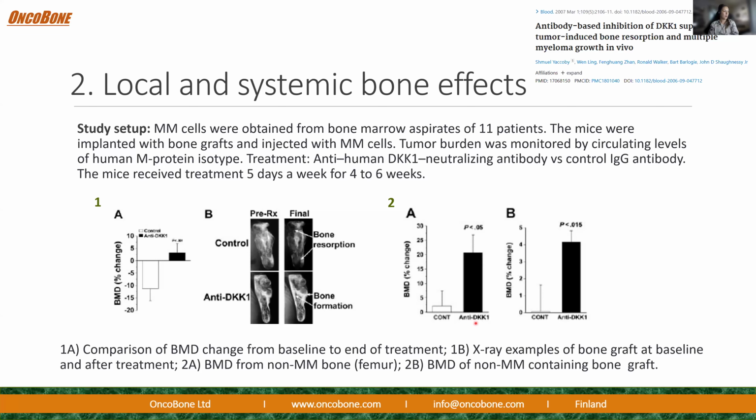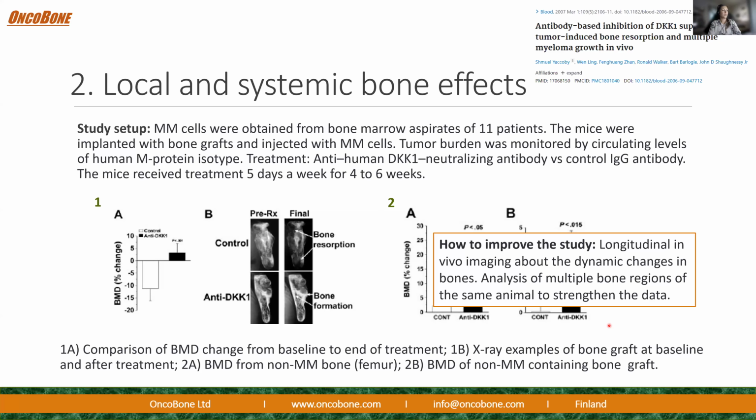It was observed in the femur of the animal, and they also did the same comparison in this bone graft which did not have the multiple myeloma cells in it. So it really seems to be a specific bone effect, not just caused by multiple myeloma disturbing the normal bone homeostasis.